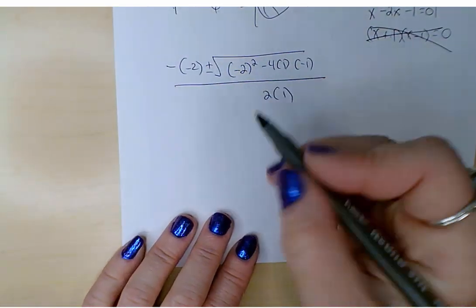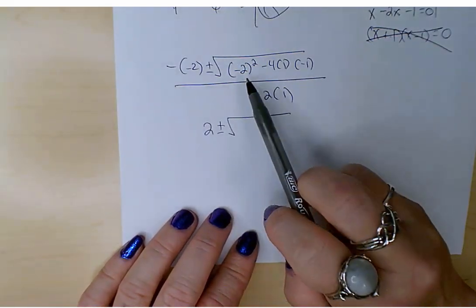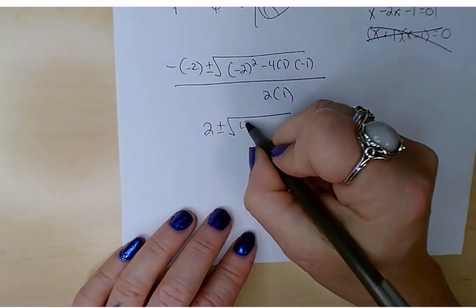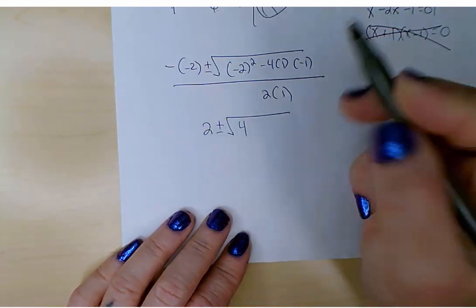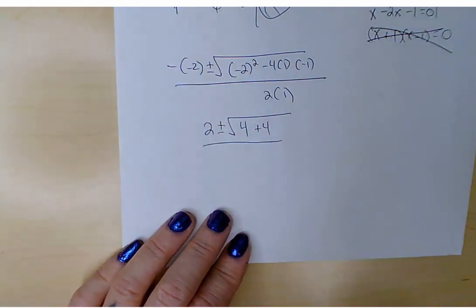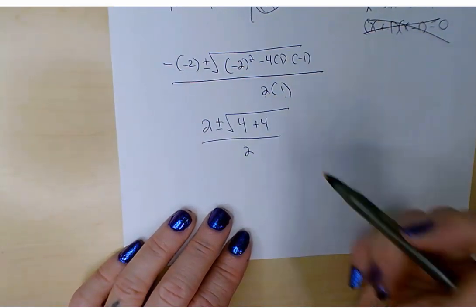Simplifying this, double negative rule makes that a 2, plus or minus the square root of negative 2 times negative 2 is a 4, negative 4 times 1 is a negative 4, times a negative 1 makes that a positive 4, over 2 times 1, which is 2.